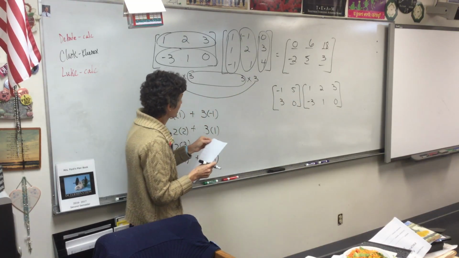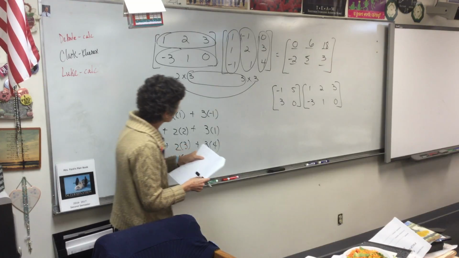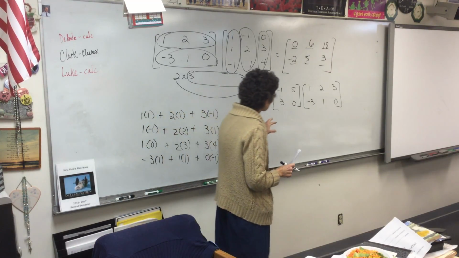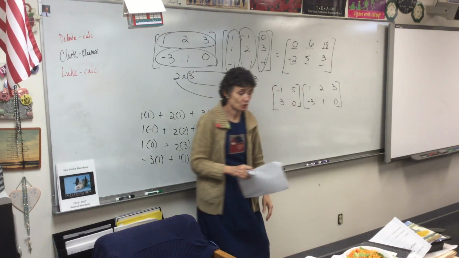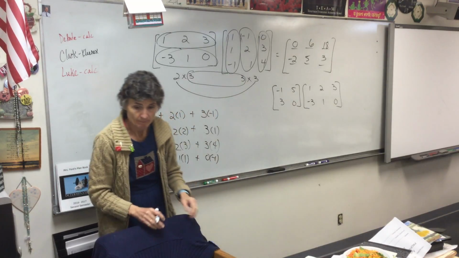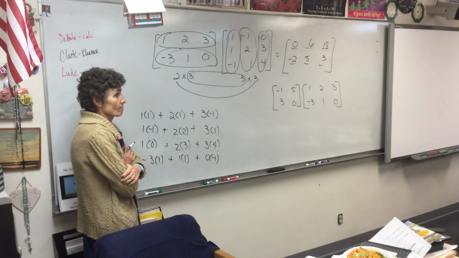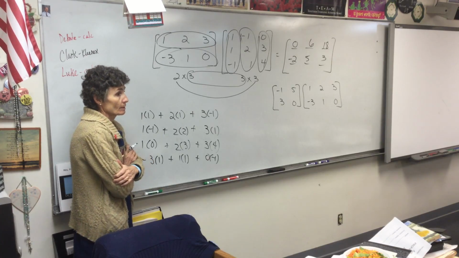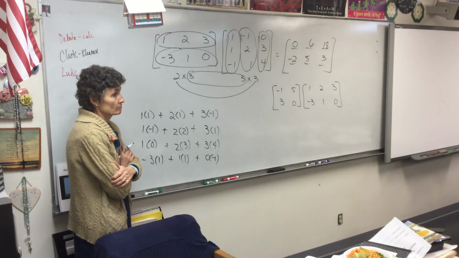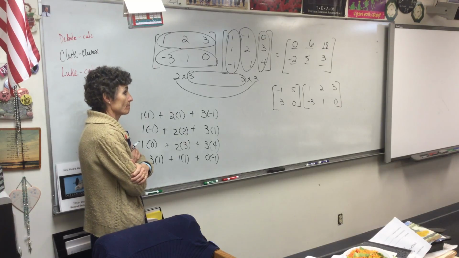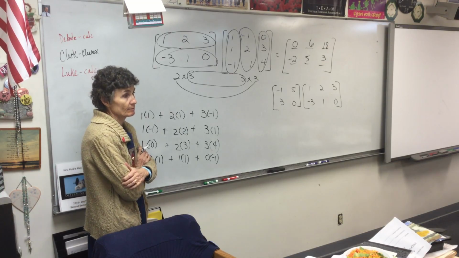It says multiply F times G. So here's F and here's G. Here we go. What do you think? Can they be multiplied?